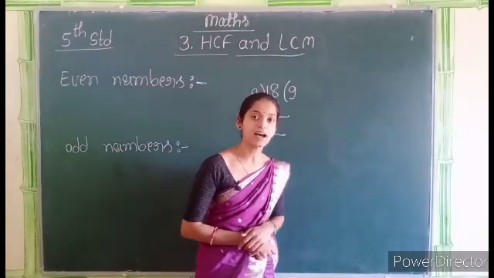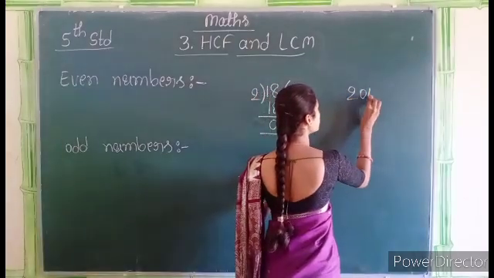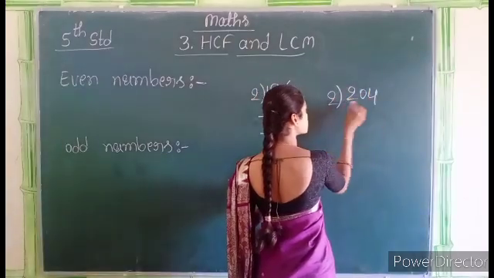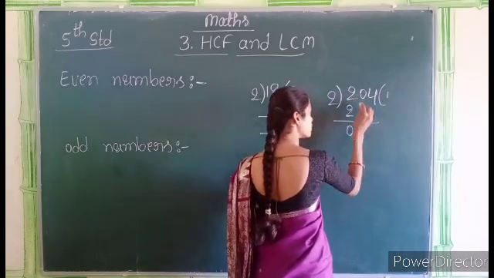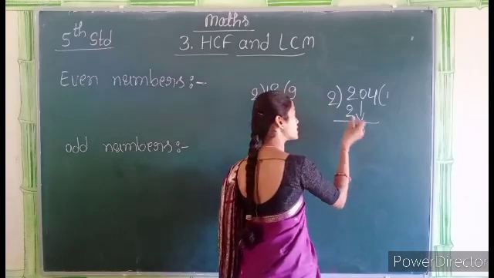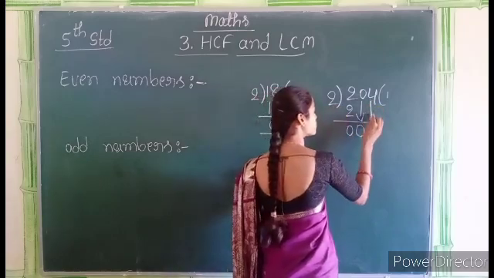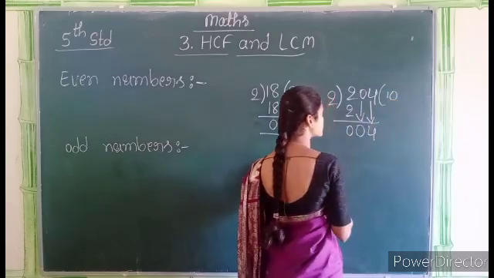And I will consider another number, a 3-digit number, 204. 2 ones are 2, 2 minus 2 is 0. We have to bring down this 0. We cannot divide 0 by 2, so again we bring down this 4. For that we put 0 in the quotient place.